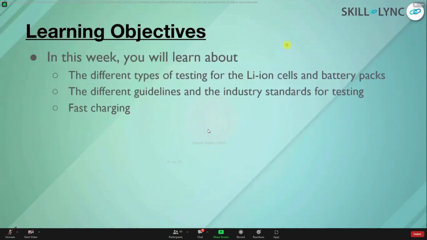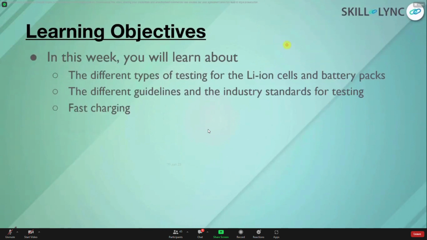We're going to see different types of testing methods which are required for both cells and the battery pack. Second, different guidelines and the industry standards for testing. Lastly, we will see fast charging and the concept behind that.